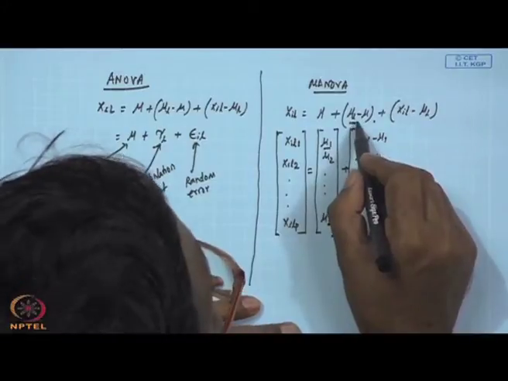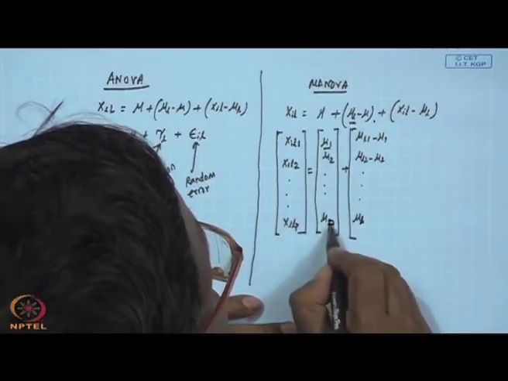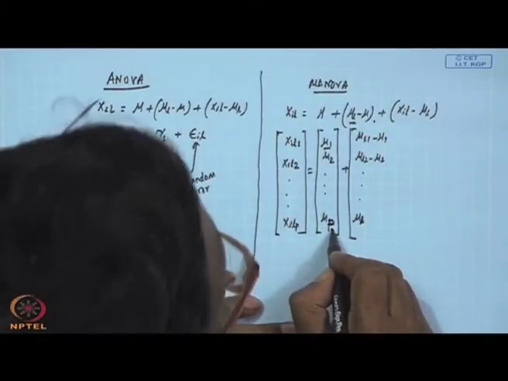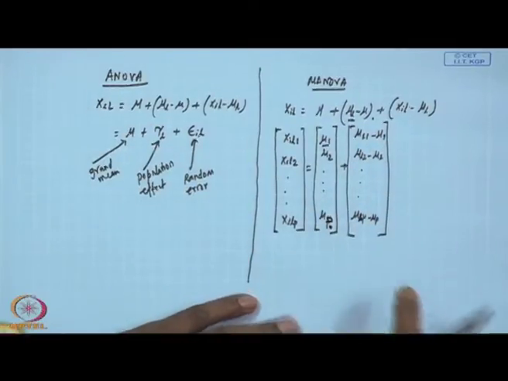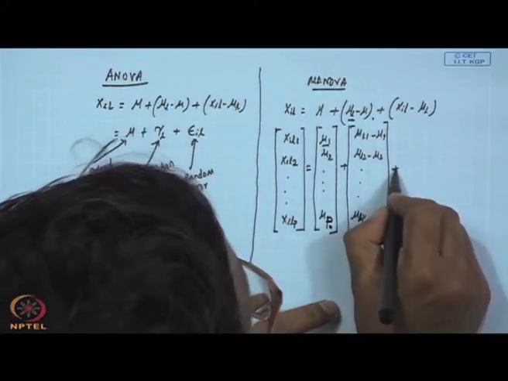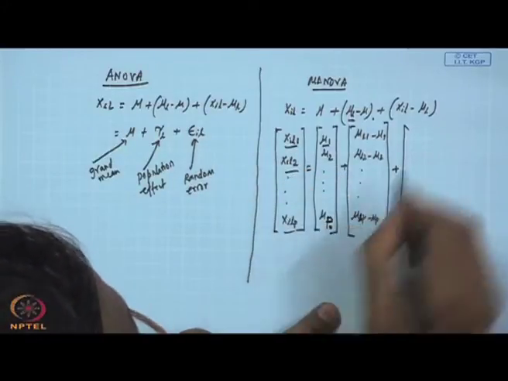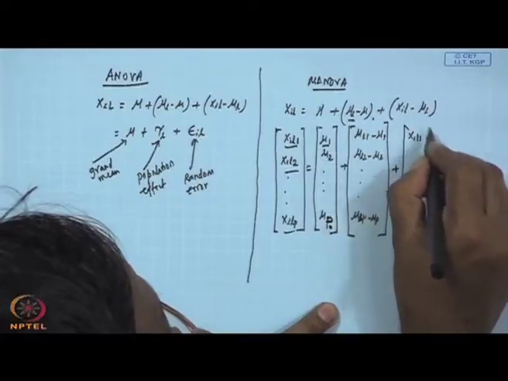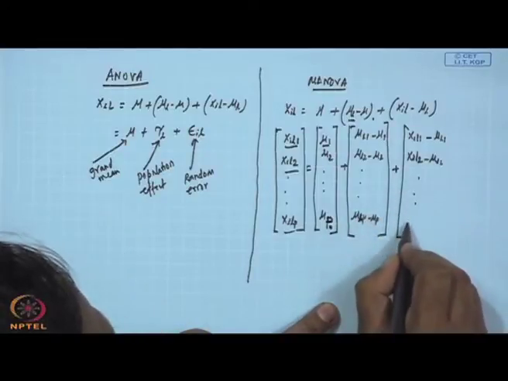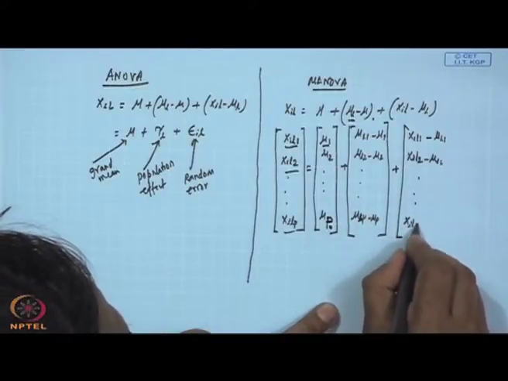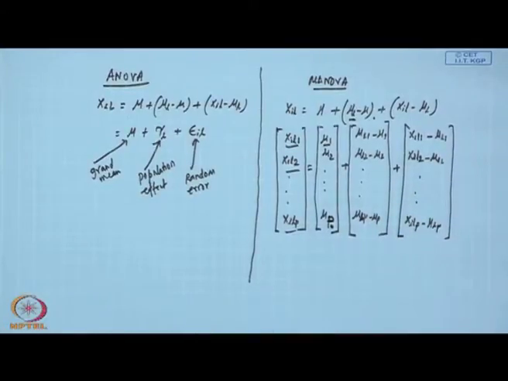This is mu 1, this is mu p, please write down this one as mu p. Then plus the same thing for XIL: XIL 1 minus mu L 1, XIL 2 minus mu L 2, in the same manner up to XIL p minus mu L p.